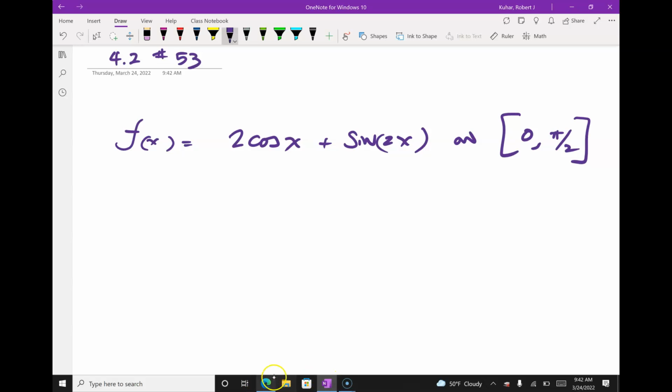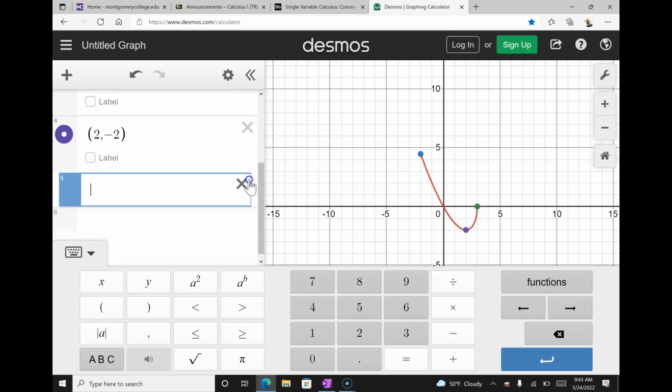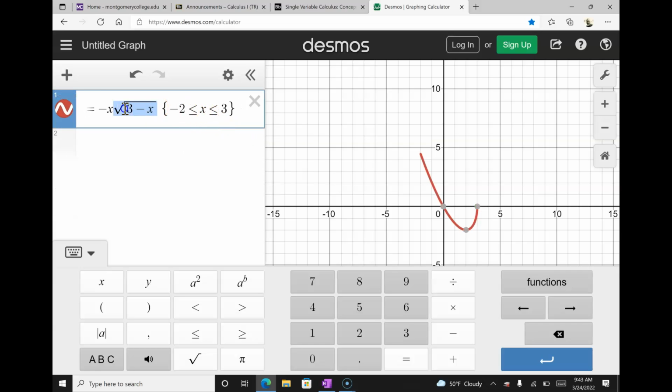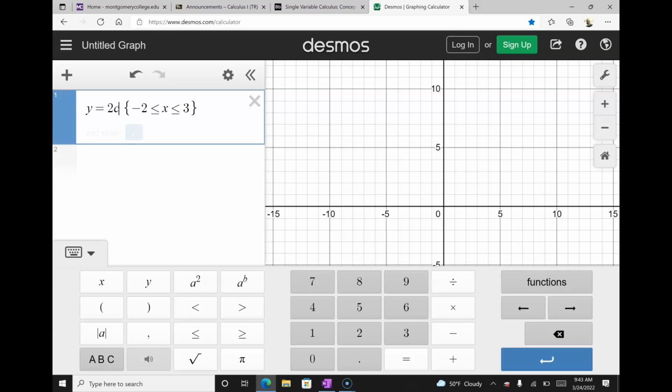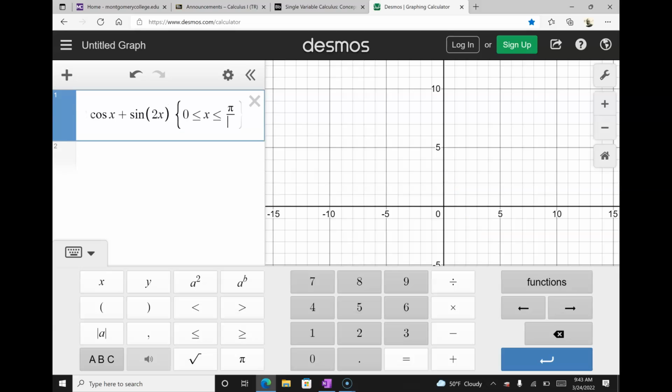We should do that because that's how we're going to check ourselves. Where did I put my graph? Did I close it? Oh, no, there it is.